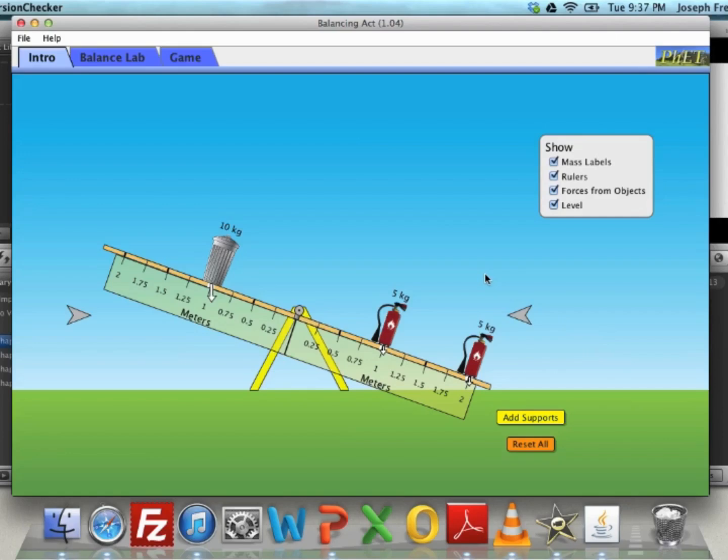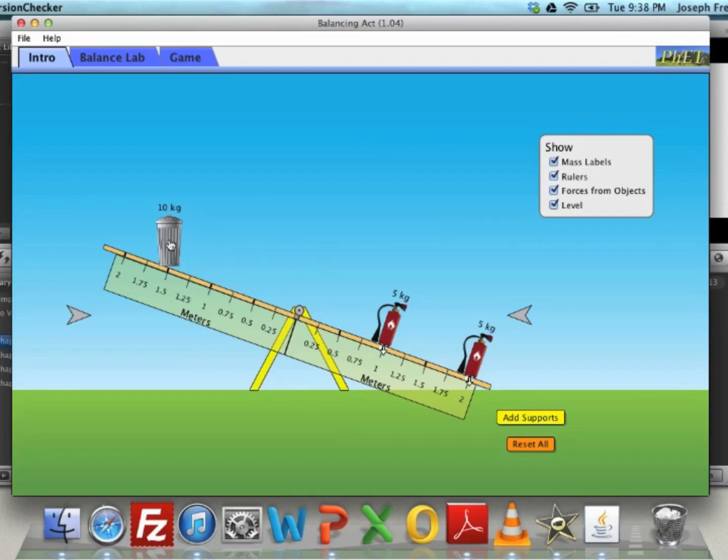How come? It looks like I have 5 times 2, that's this guy, which is 10, and 5 times 1, so overall 15. But over here I have 10 times 1, which is 10. So what should I do to balance it? What do I have to multiply 10 by to get 15? 1.5.